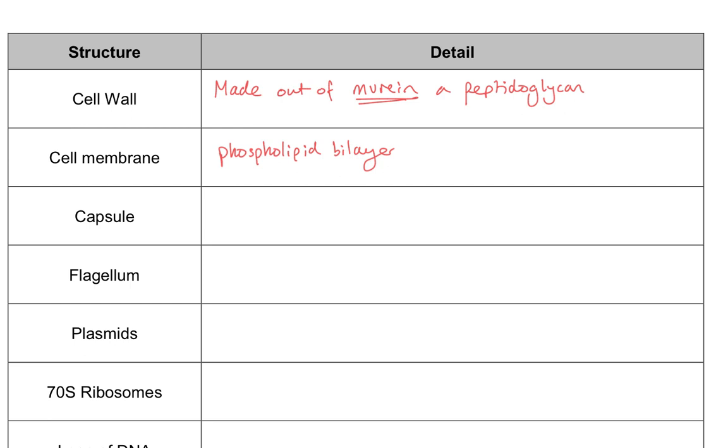The capsule, again, the interesting thing about it is that it makes you more likely to be a pathogen. It's harder for a white blood cell to engulf you if you have a capsule.